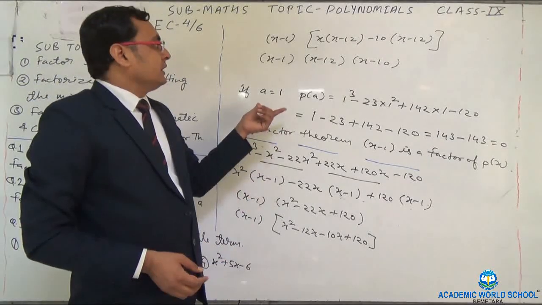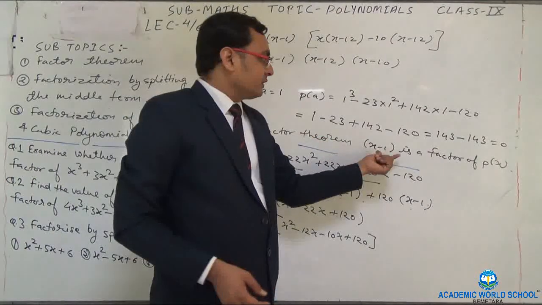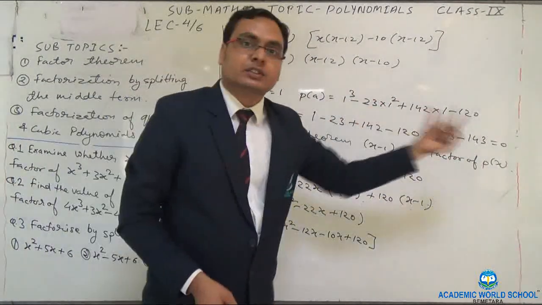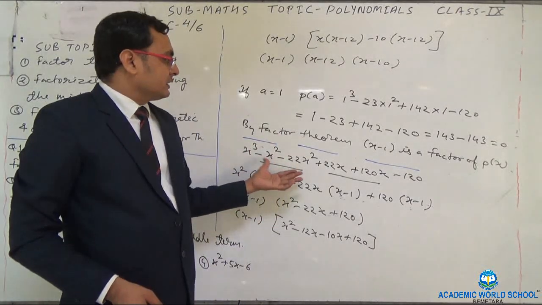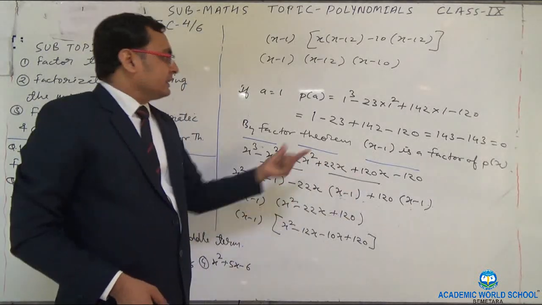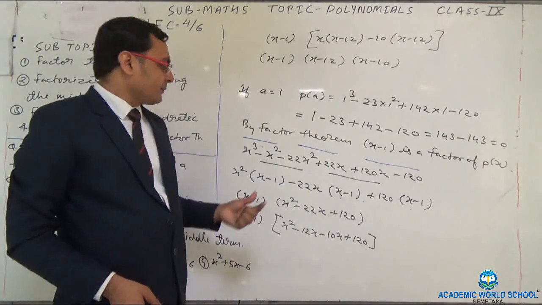First of all, we got one factor using the factor theorem. This x minus 1 is a factor of P(x), as the remainder P(a) is equal to 0. Then we split the middle terms of the polynomial so that we can get x minus 1 common from these three pairs.